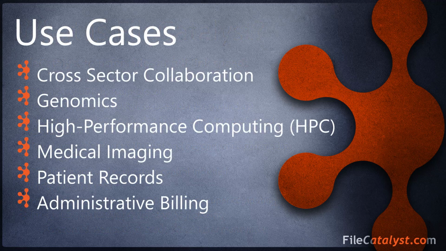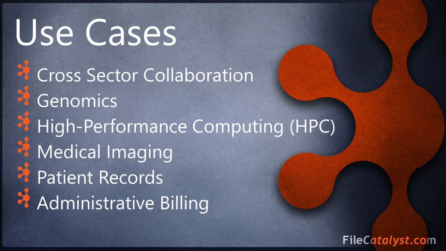Let's take a look at some of the use cases specific to healthcare and life sciences and how FileCatalyst can help ease any issues you have while accomplishing these use cases. Cross-sector collaboration. From researchers to laboratories, consultants to hospitals, healthcare and life science rely heavily on collaboration workflows that can span the globe and various storage methods including on-premise, off-site, cloud, and hybrid locations.